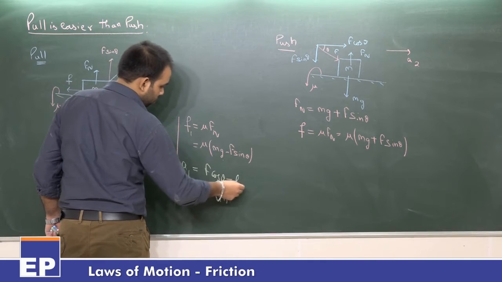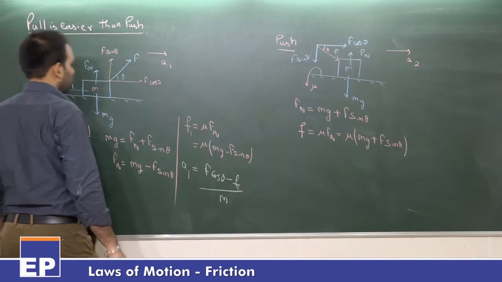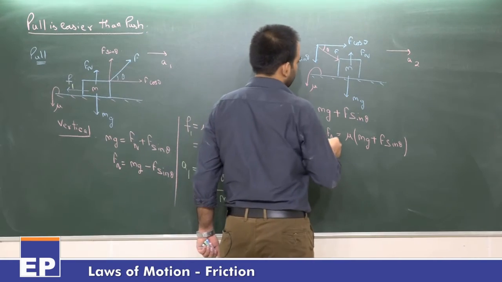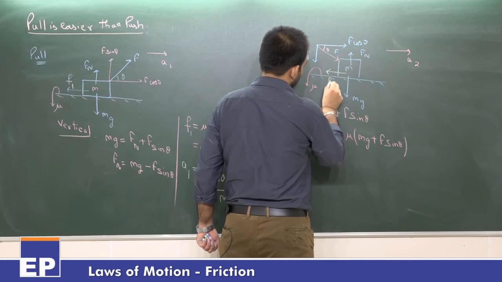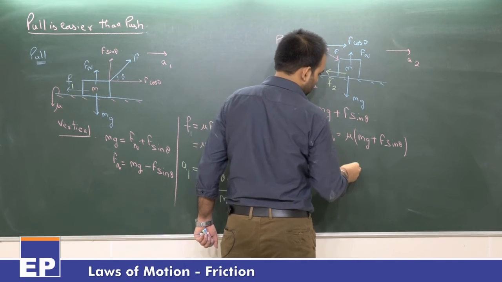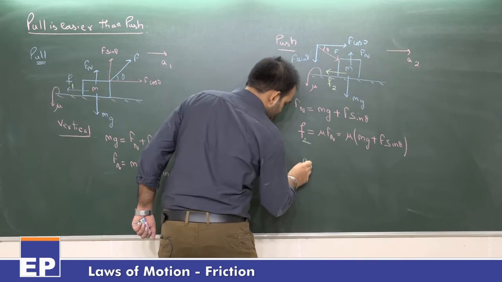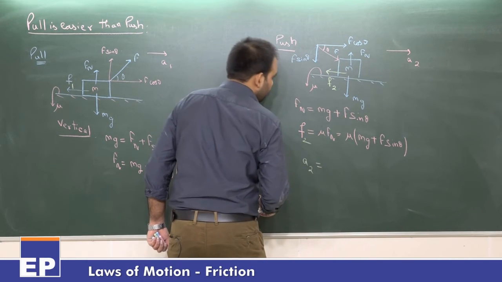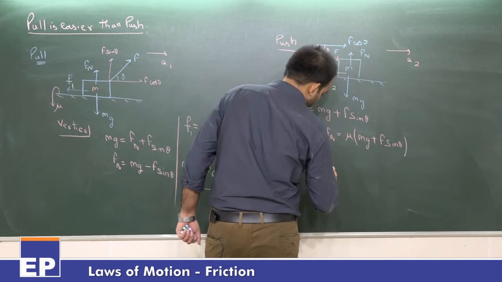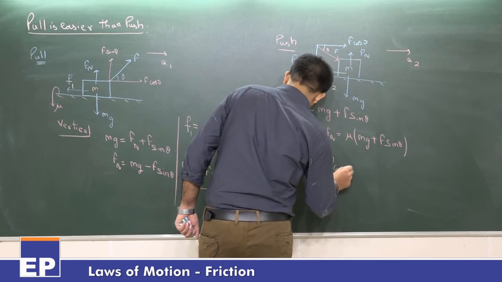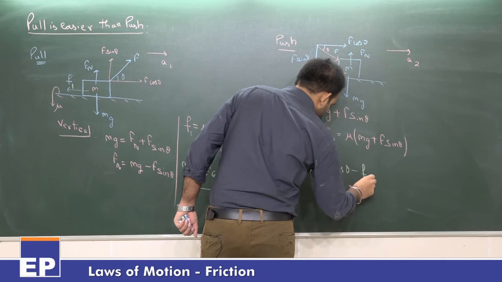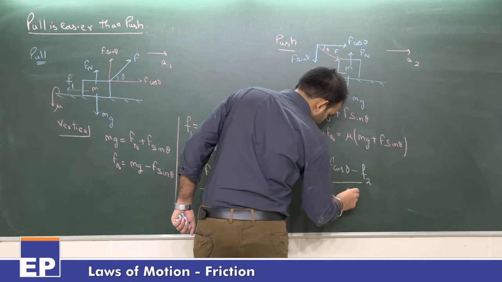And a2 is equal to (F cos theta minus f2) by m.